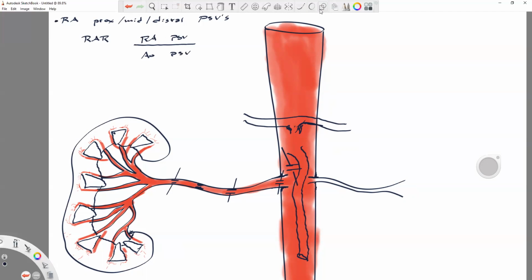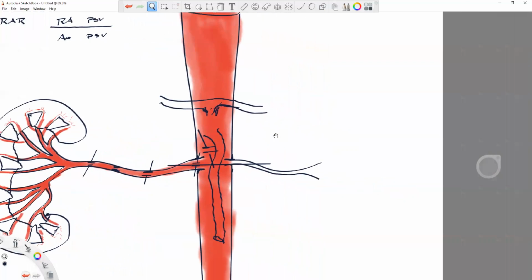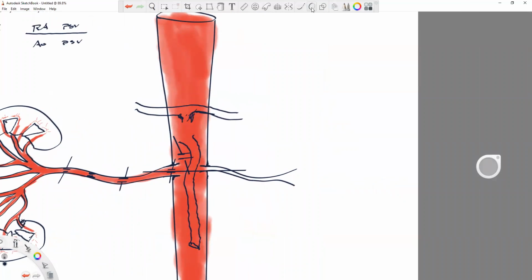Now, remember, guys, we're going transverse on the aorta. You see the SMA. Let's just say that I have my transducer right there, transverse at the level of the renal arteries. Now, what does that look like? Oh, let me draw this out really quickly. I'll cheat with a circle here, and I'll cheat with another circle.